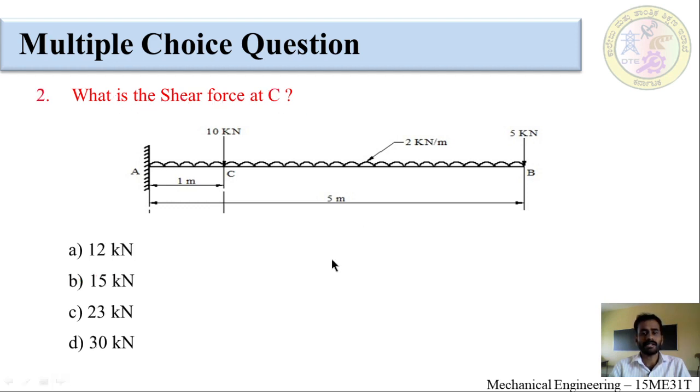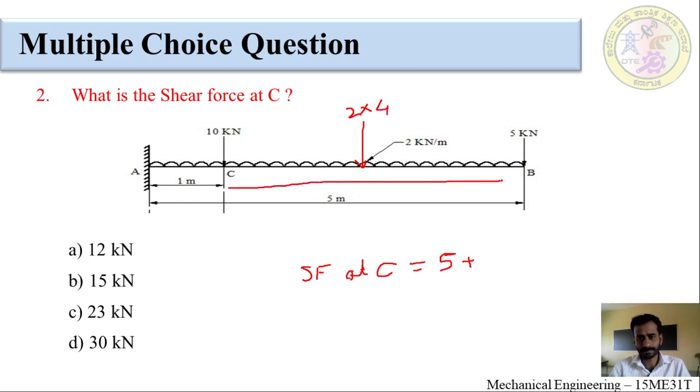What is shear force at C? So, shear force at C is equal to this 5 kilonewton load plus this UDL load. We have to consider the UDL of 2 kilonewton per meter into the length of the UDL from C to B, which is 5 minus 1, 4 meters.